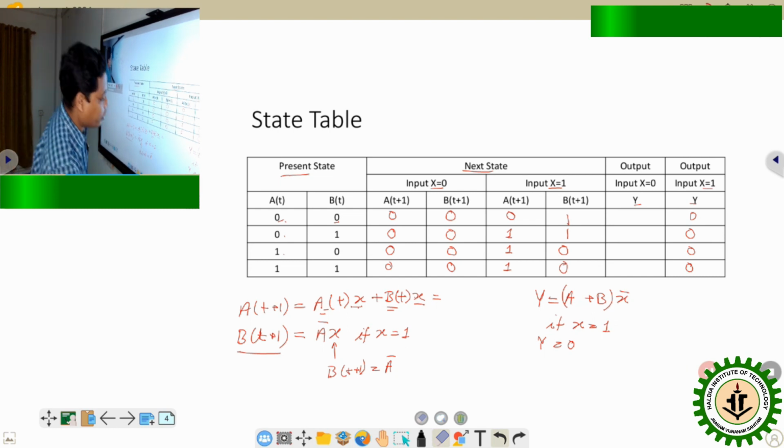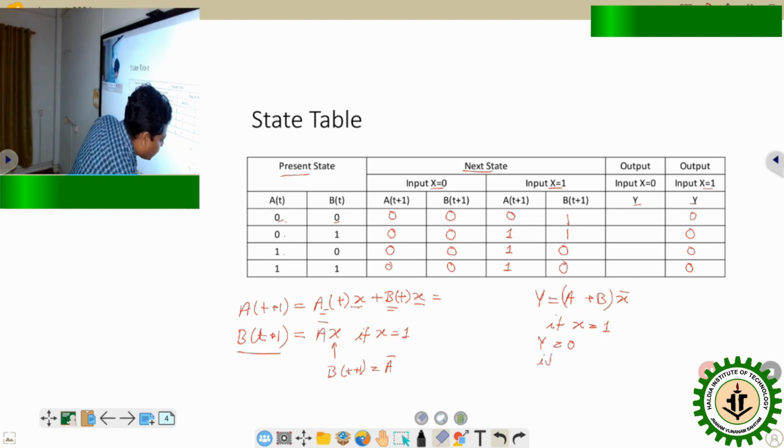If x equals 0, then Y will be equal to the state A plus B only.